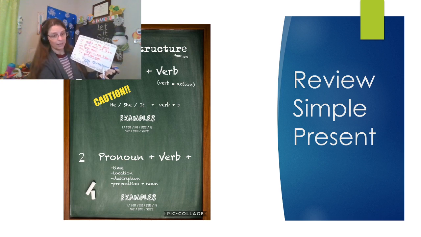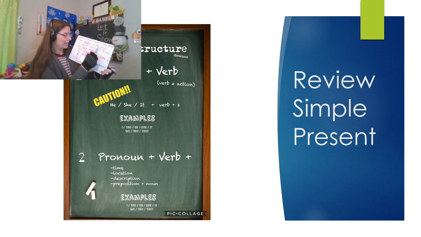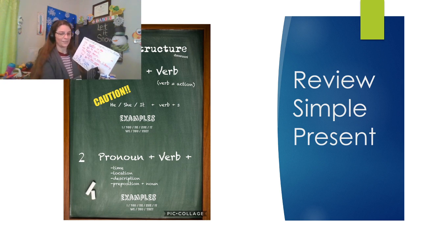The complement includes things like time, the location, a description, or the preposition in the noun, such as in the library, in the park. Those are prepositions. Okay, great. So, when do we use the present simple?